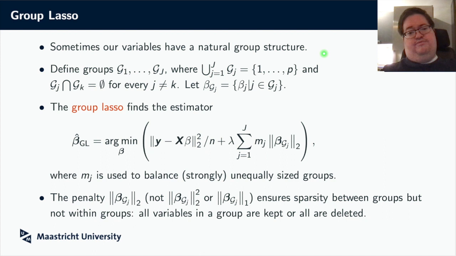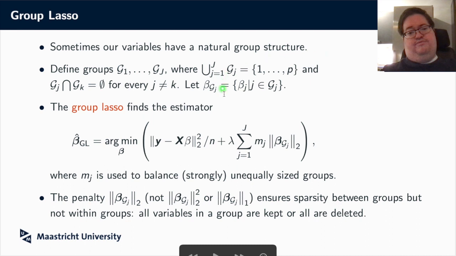So you want to avoid a situation where from variable A you keep the first and the third lag, and from variable B you keep just the second lag, and from variable C you keep just the fourth lag. Instead you say, no, I find it much clearer, much more interpretable if I would keep all of the 4 lags from variable A and maybe none of the lags of variable B, and so on.